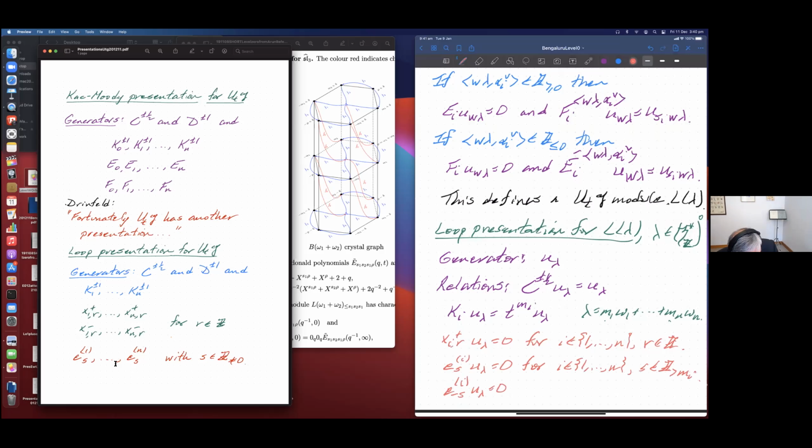And they also kill, provided that your s is bigger than m_i. So in some sense, this is a much nicer presentation. That's it. That's the presentation. I specified exactly which generators have to act by 0 on this generating vector U lambda. And it produces this module.